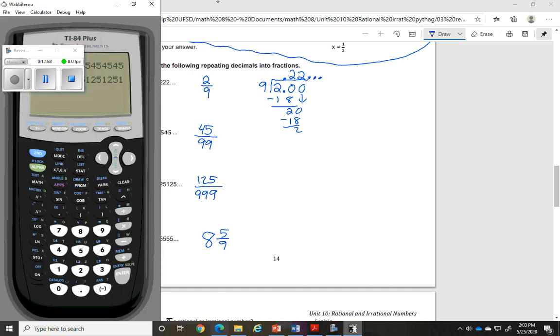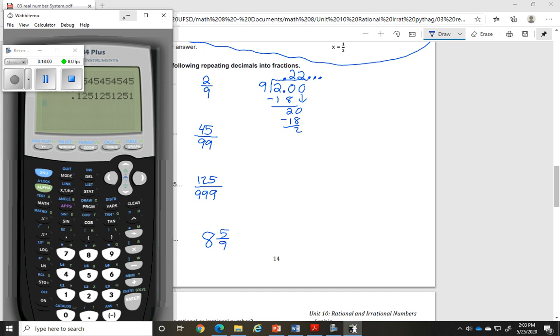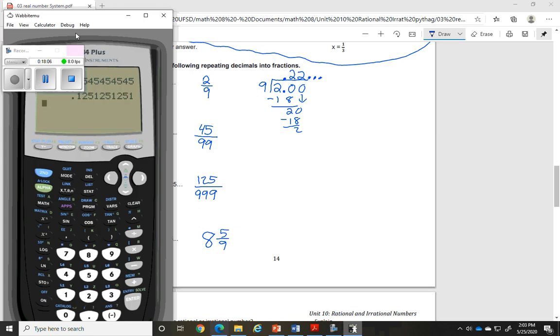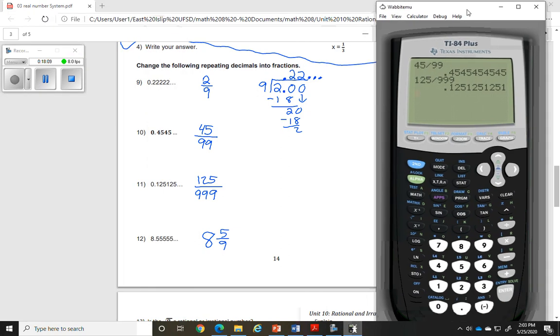I just want to point something out to you on your calculator so that I know you know how to use your calculator properly. If I do 5 divided by 9 on my calculator, look what I get. And some people tell me, oh, Miss Sands, that's not 0.5 repeating because there's a 6 at the end. It's impossible for you to have so many 5s and magically get a 6 at the end.